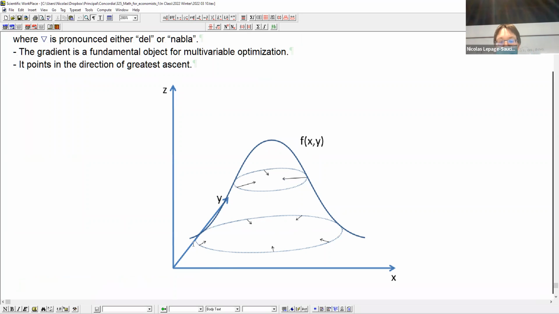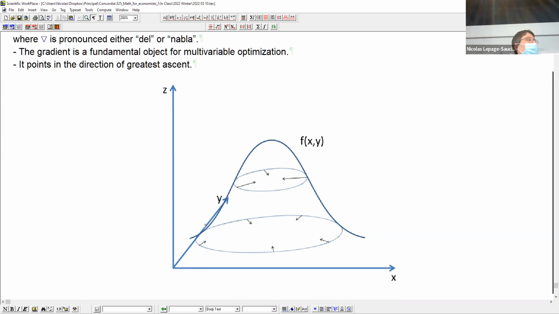The gradient is this vector, which lives essentially on the xy plane, and it points towards the direction of greatest ascent. This looks a bit like a mountain. If you compute the gradient where you are, this gives you a number and a number, and the two of them give you a vector.